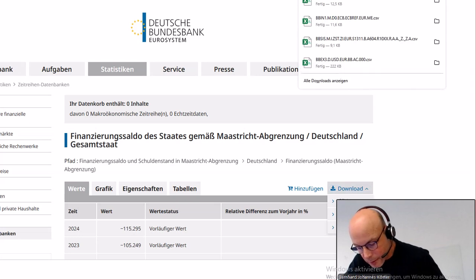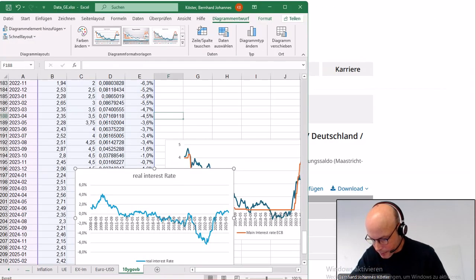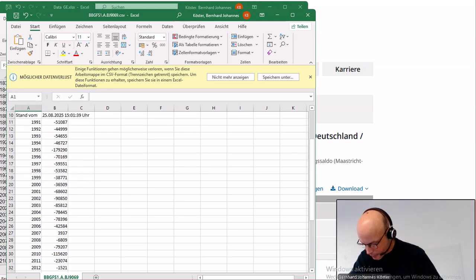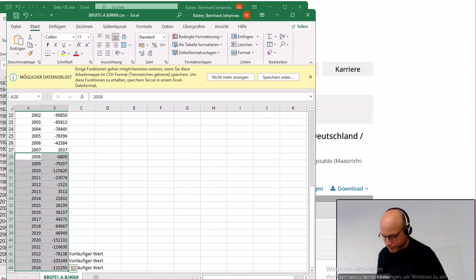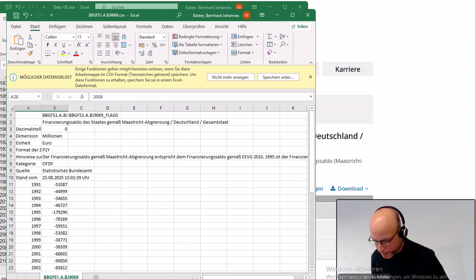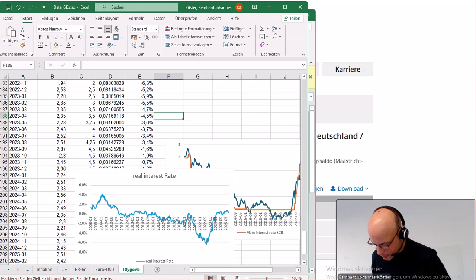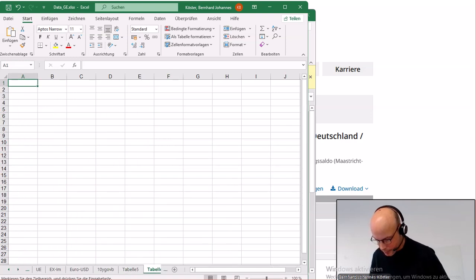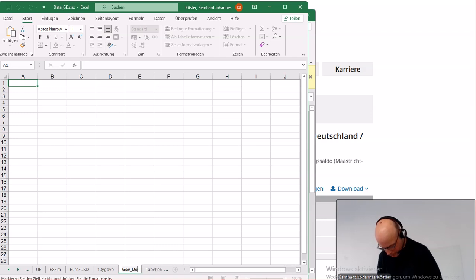And from 2008, in million euros. Data. Government debt.